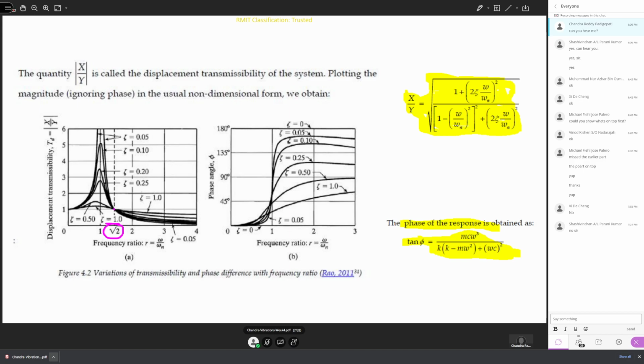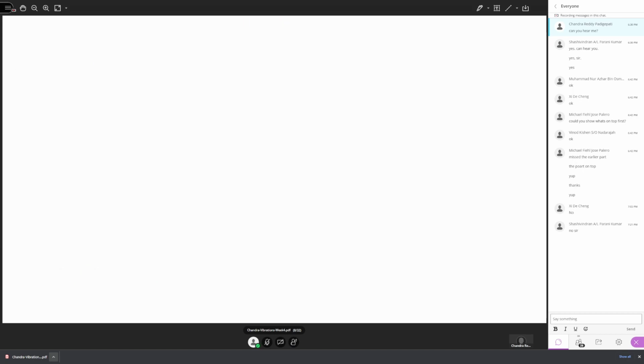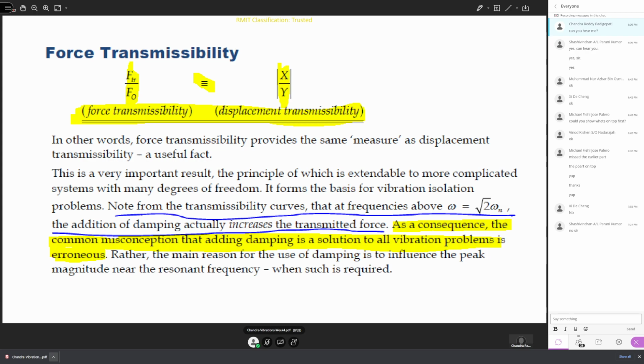Because when this ratio is equal to the square root of 2, the displacement transmissibility is 1, irrespective of the damping constants. So that point is mentioned. As a consequence, normally we assume that adding damping reduces the vibration problem.